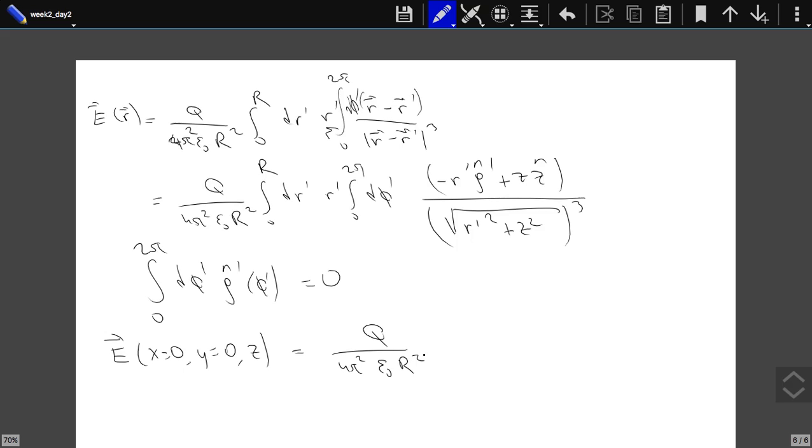That will just give me 2 pi. Integral from 0 to r of the r prime squared divided by r prime squared plus z squared to the power 3/2. And with a minus sign. In the z hat direction.